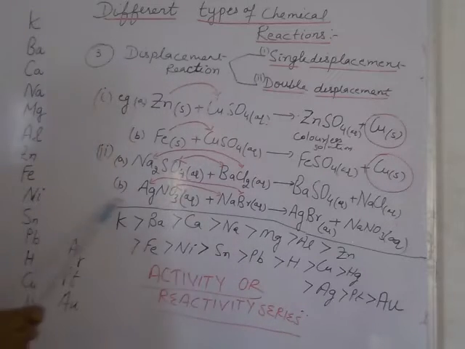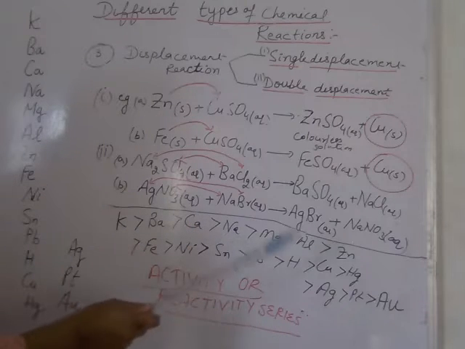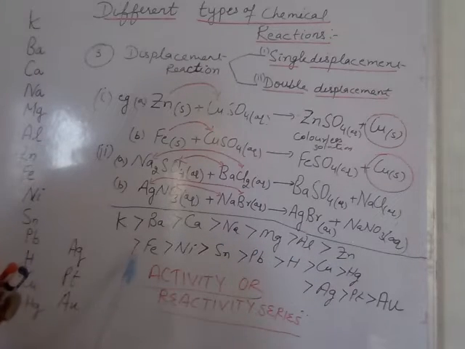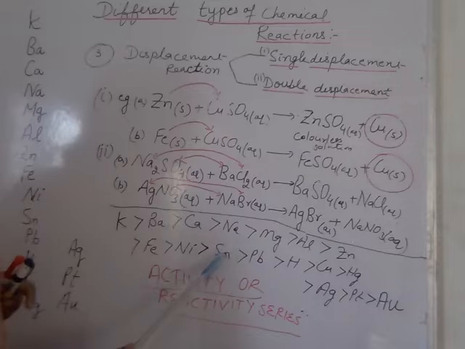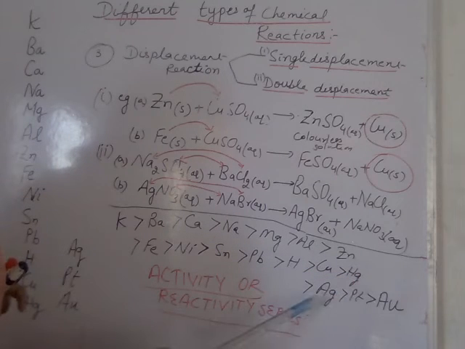First element is potassium. Potassium is a very reactive metal. Then barium, then calcium, then sodium. Sodium is more reactive than magnesium, then aluminium, then zinc, then iron, then nickel, tin, lead, hydrogen, copper, mercury, silver, platinum and gold.